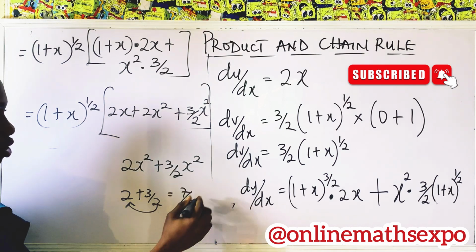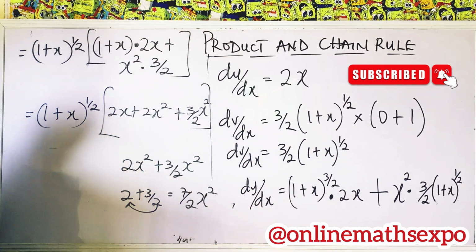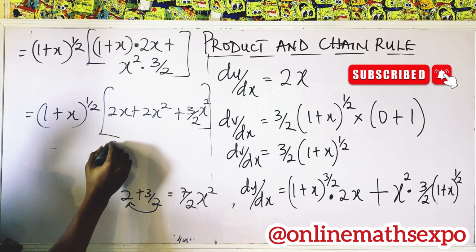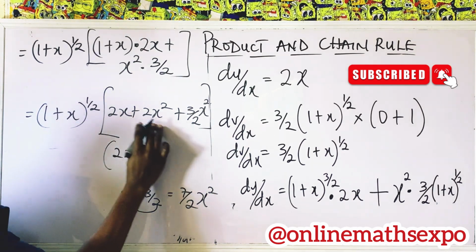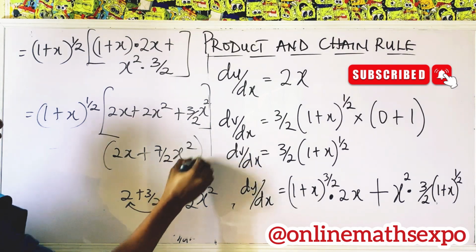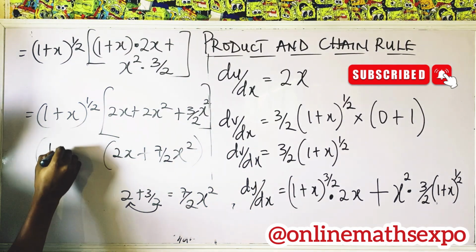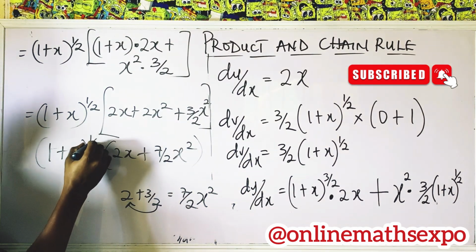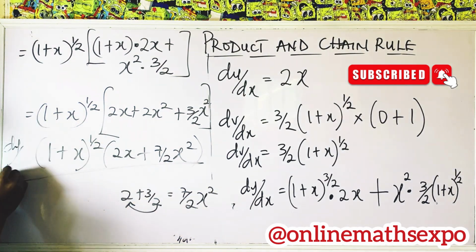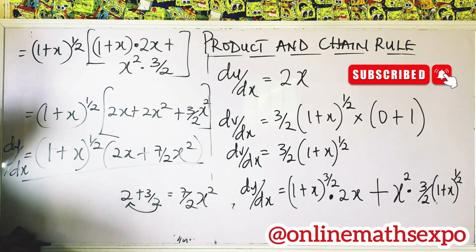That means 7 over 2 x to the power of 2. So adding these two is going to give us 2x plus 7 over 2 x squared. Then we return (1 plus x) raised to power of half. And this becomes our dy/dx.